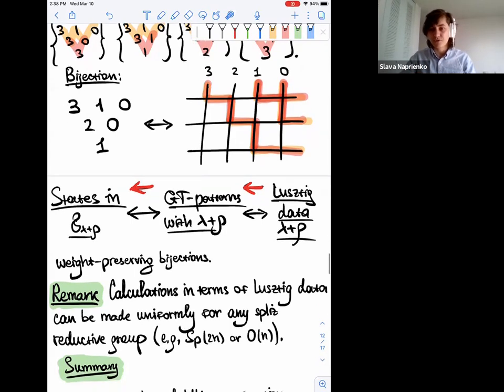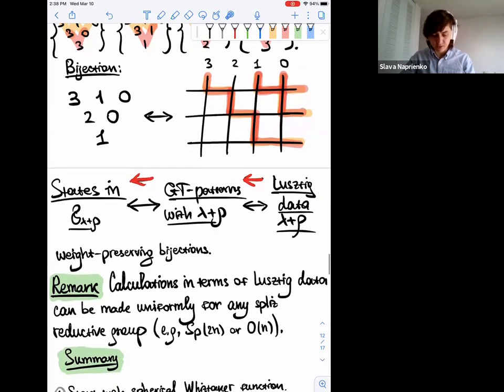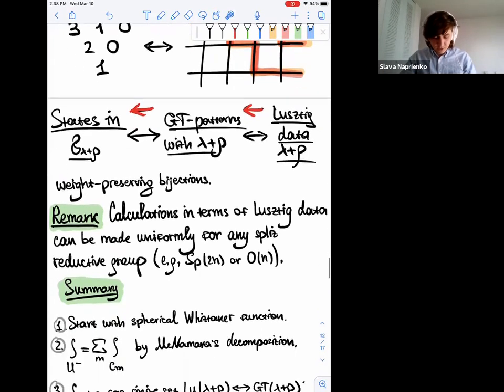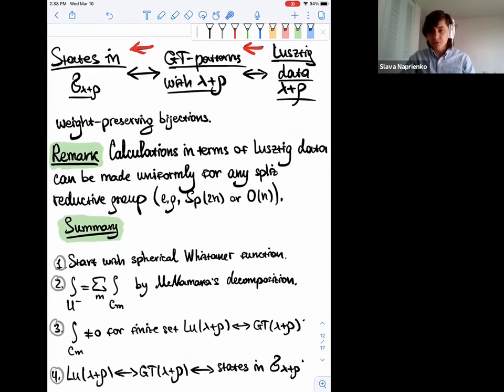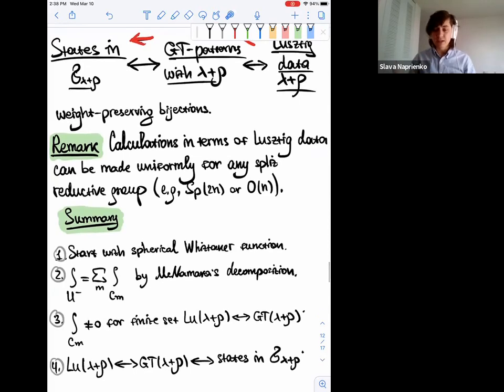So let me give a brief summary before going to the last part. So we start with the spherical Whittaker function. Then it's given by an integral. I decompose the integral using McNamara's decomposition. Now, only for a finite set of Lutstick data, which is in bijection with Gelfand-Tsetlin patterns, my integrals are non-zero.